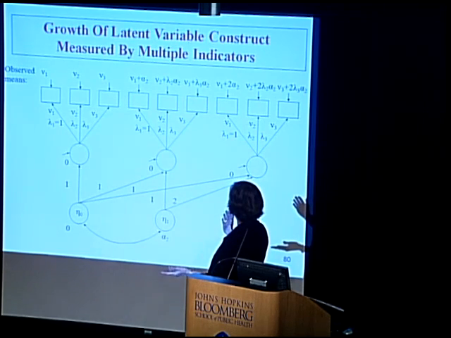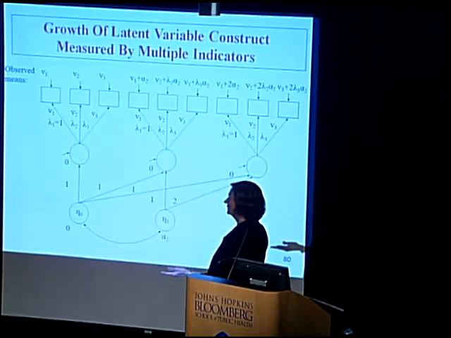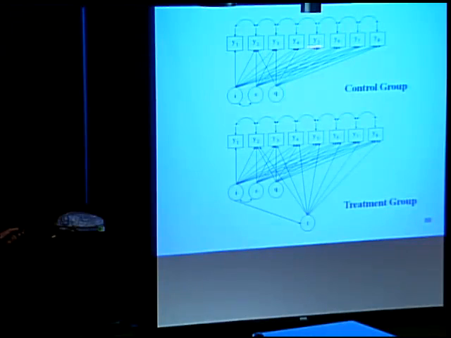And here the question is, how does aggression develop over time? And in this case, this is the total TOCA score, or the average. So maybe your implicit question is, what would we gain if we used the multiple indicator approach on the right and added that to this model on the left?